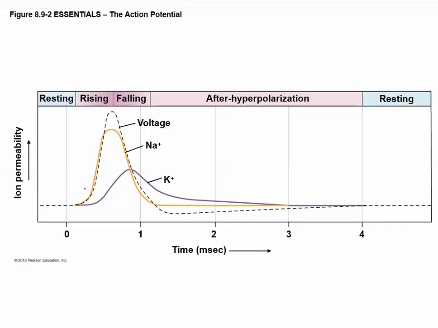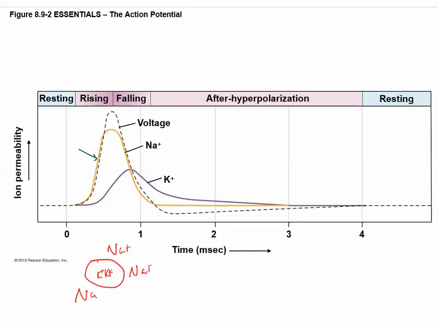Okay, so if we look at just the permeability, remember, sodium is higher on the outside, and potassium is higher on the inside. When we open that first voltage-gated channel, this yellow line is the permeability to sodium.